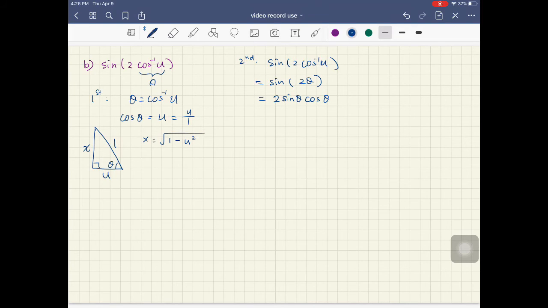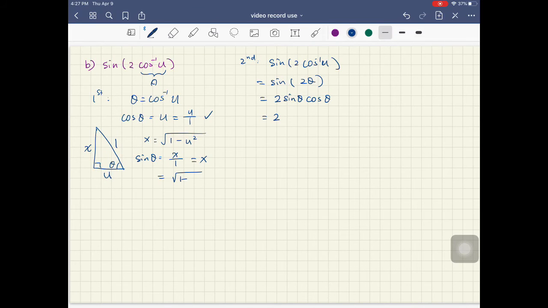I have the cosine of theta, which is u. Then I need to find sine of theta. So sine of theta from the right triangle is x over 1, or x, which equals square root of 1 minus u squared. So 2 times sine theta times cosine theta will become 2 times square root of 1 minus u squared times u. So I end up with 2u square root of 1 minus u squared.